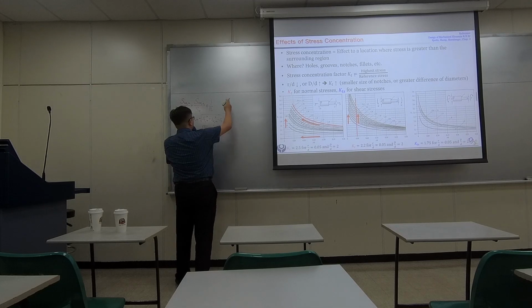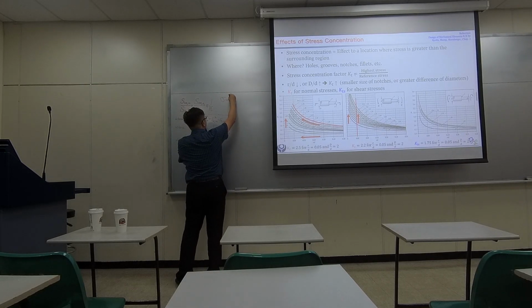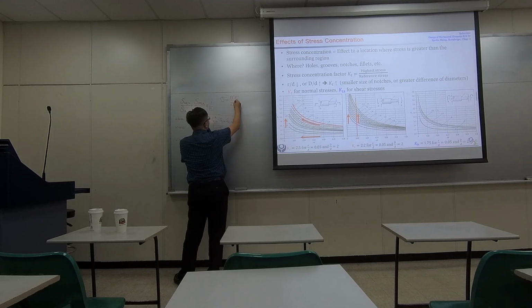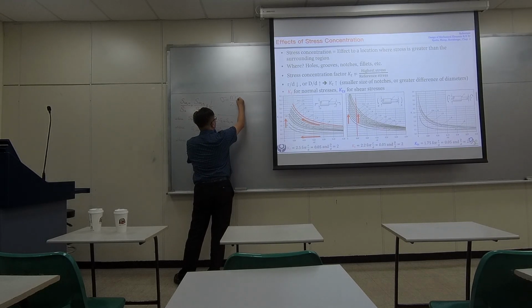Let me show you. C is basically like an r, and d is like two times your r, and then cubed, right?